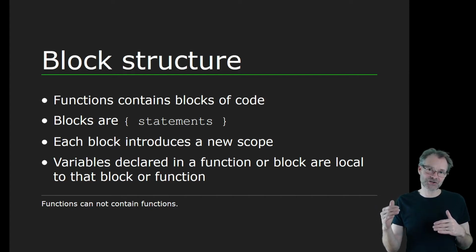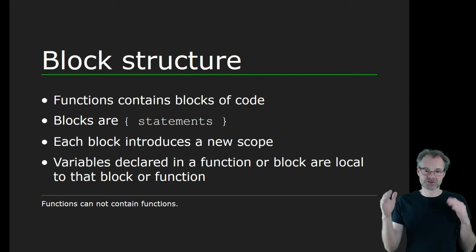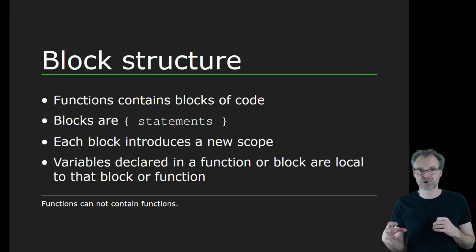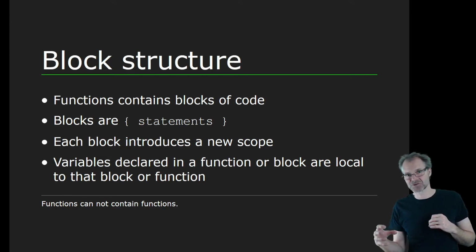And each new block with these curly braces introduces a new scope. So in each new scope, we can create new local variables, and they will only be visible in this inner block scope.